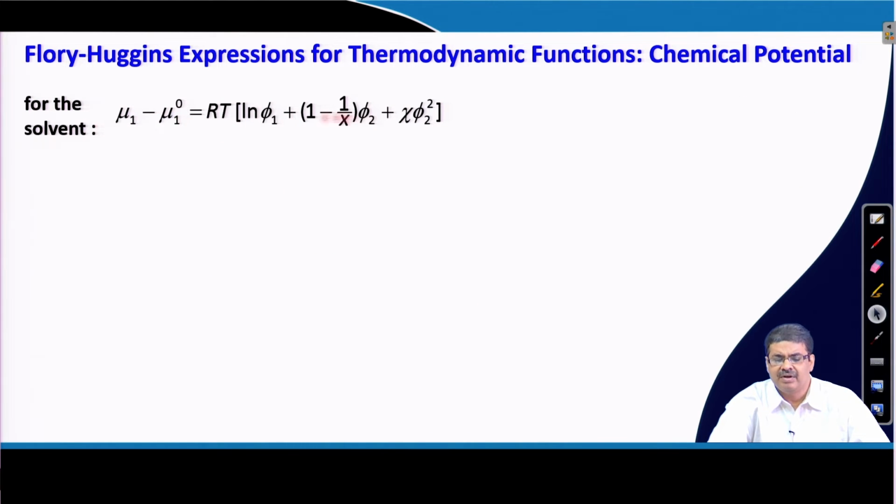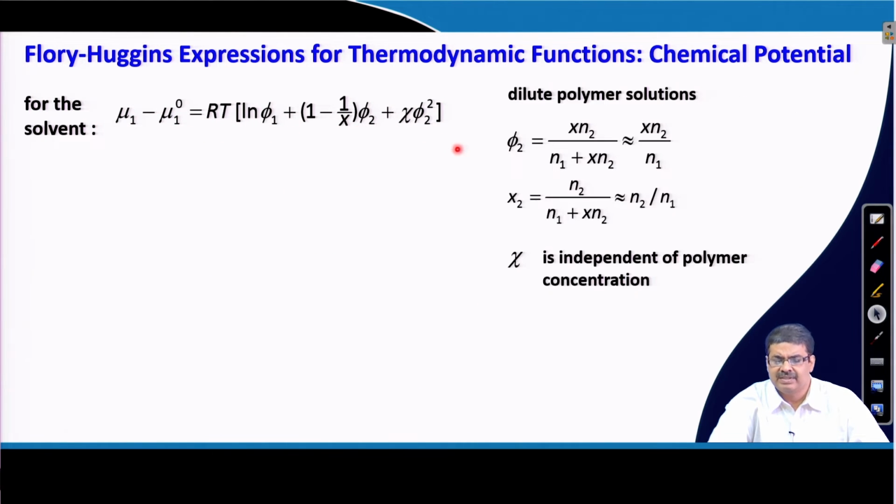Now, for the solvent, we have seen this expression in the last slide. Now, if we assume a dilute polymer solution, then we can express the volume fraction of the polymer with the total number of polymer segments. This is the number of polymer segments in one polymer chain, this is the number of polymer chains. So, it gives the total volume from polymer, and this is the total volume from polymer plus solvent. So, this gives the volume fraction.